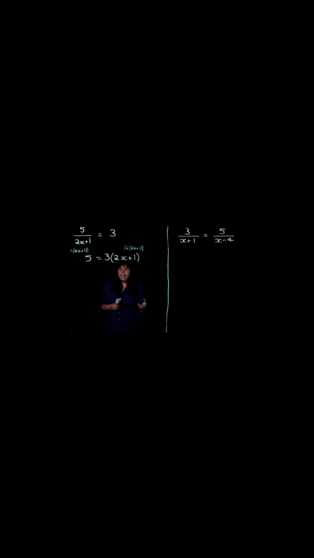As we've seen in a previous video, I can multiply my 3 by the 2x and then my 3 by the 1 to multiply out that bracket. So I'm left with 5, which equals 3 times 2x is 6x, and 3 times plus 1 is plus 3. Now, I've got 5, which equals 6 times x plus 3.